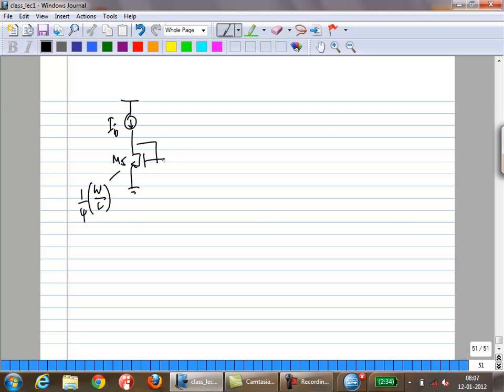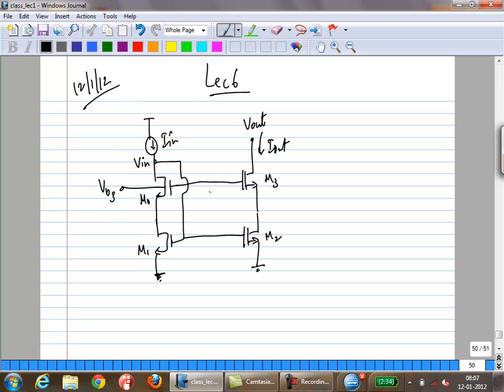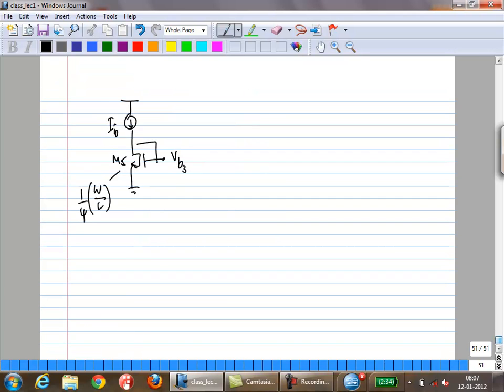So one way we looked at was to generate it using a MOSFET which has 1/4 W over L compared to the other devices. But there is one fundamental problem you have to keep in mind. M3 and M0 experience the body effect, the backgate effect, so their VTs are actually higher than those of M1 and M2. Whereas the VT of M5, which you used to bias, is also lower than the cascode devices.